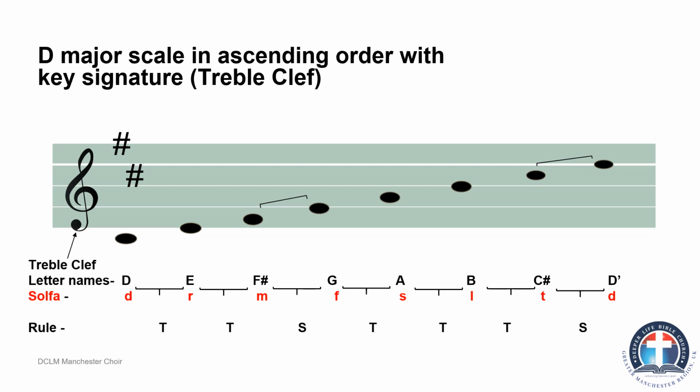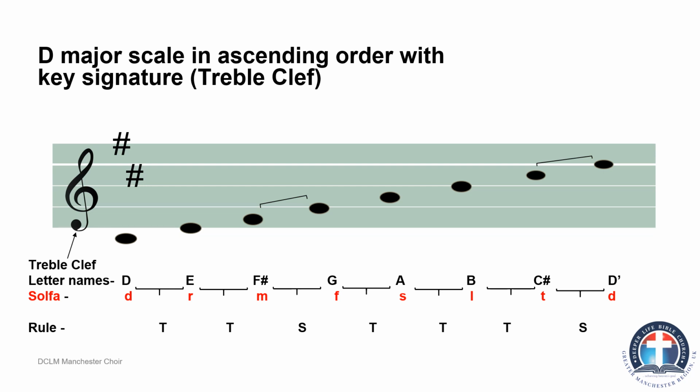In the previous example, the sharps were placed against the notes that they sharpened, but here the sharps are placed beside the treble clef. So just after the clef, you have the key signature, and then you have the scale that is run on the stave. We still follow the same order: tone, tone, semitone, tone, tone, tone, semitone.